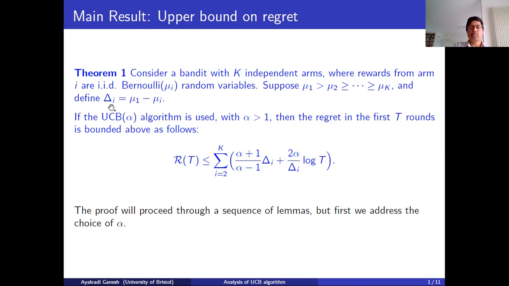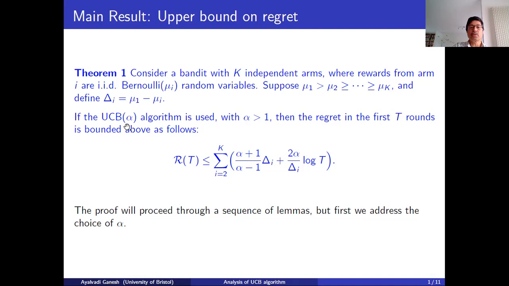Let's also denote by delta I the amount by which mu 1 exceeds mu I. Okay, so this is the extra mean reward on arm 1 compared to arm I, that's delta I. And now a statement about the regret is the following.